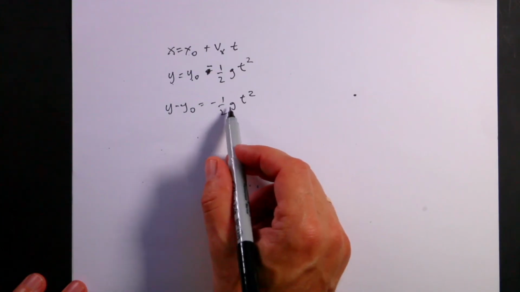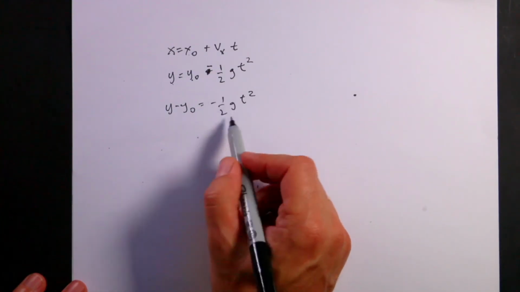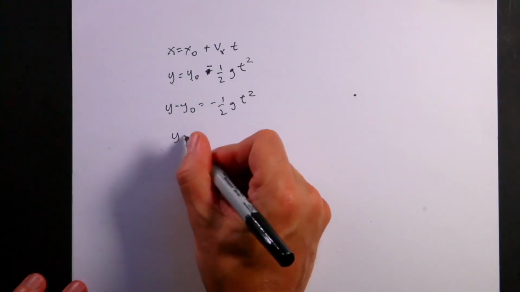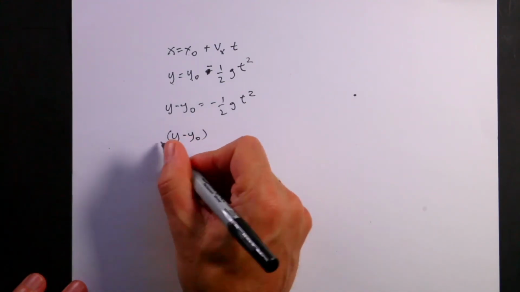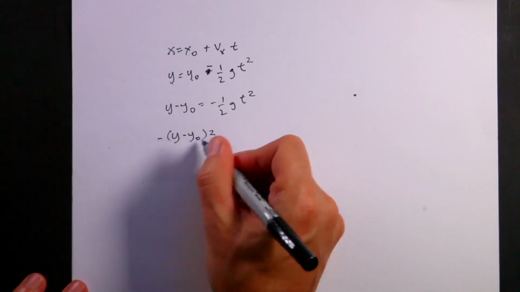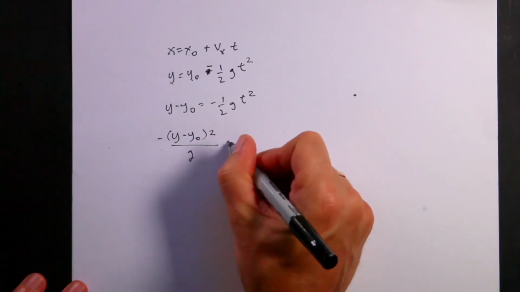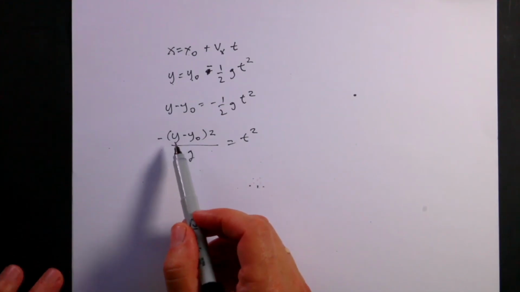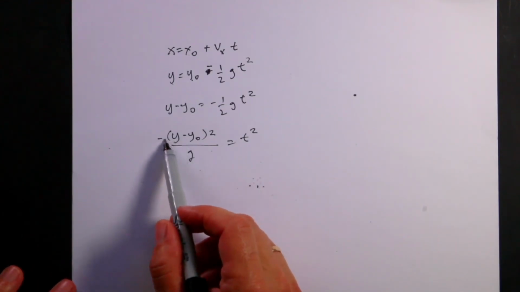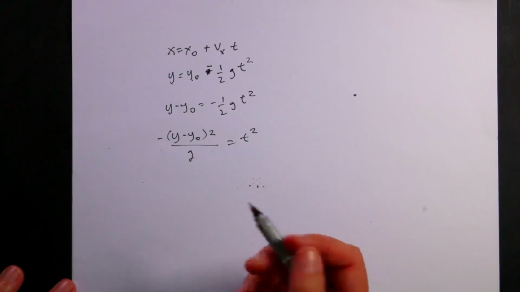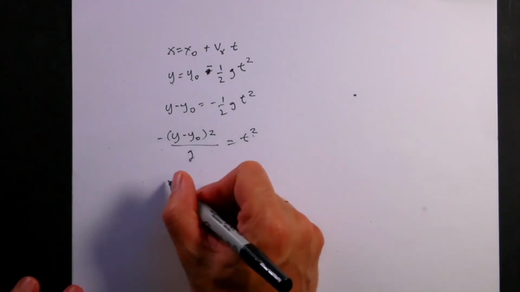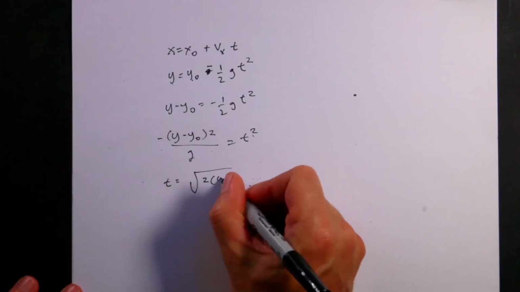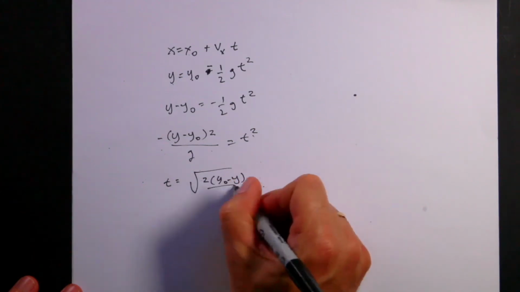Now I'm going to divide both sides by negative 1/2 g, so I get y minus y0 negative, and there's a 2 over g equals t squared. Maybe we don't want to take the square root of negative numbers, so let's move this negative sign in. Then I take the square root, and I get t equals the square root of 2 times y0 minus y over g.